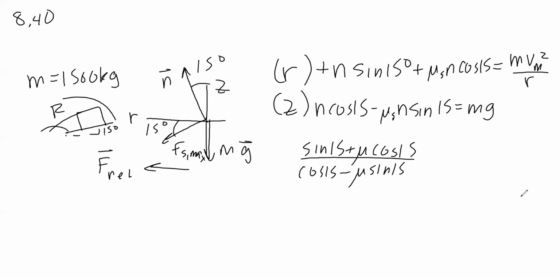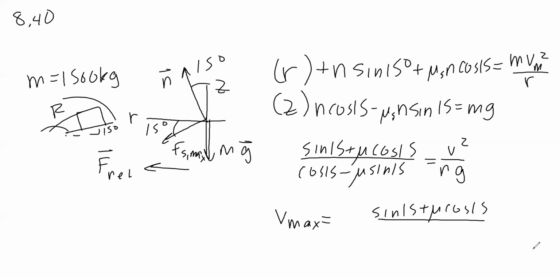And when you divide the right-hand side, the mass cancels as I said, so you get v squared over rg. So you can solve for v: multiply by rg, and take the square root. So v max equals the square root of rg times sine of 15 plus mu cosine of 15 divided by cosine of 15 minus mu sine of 15.